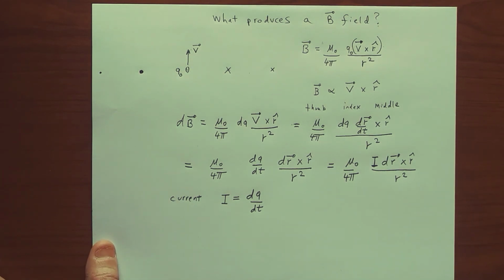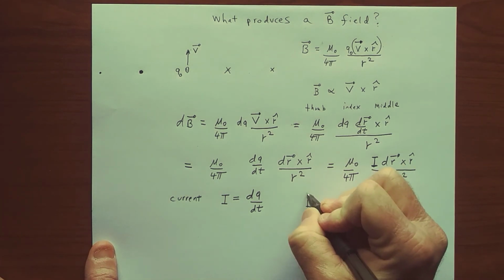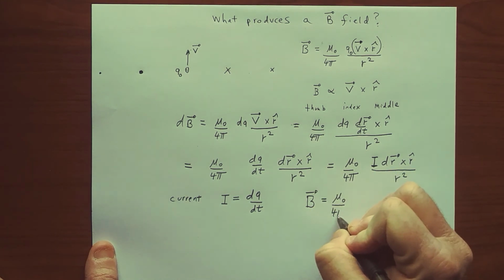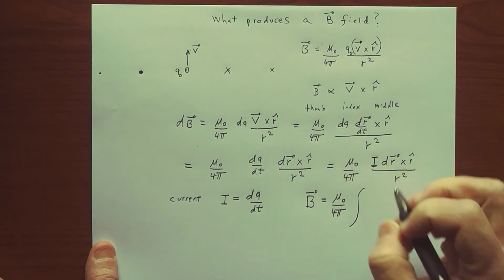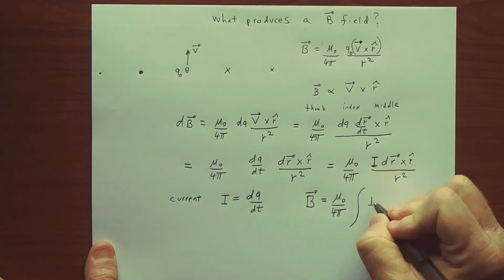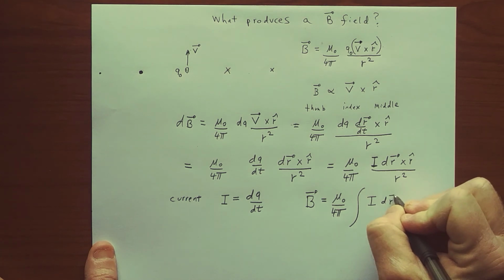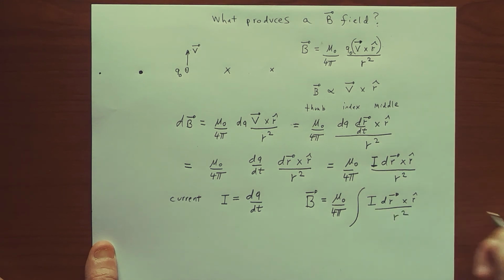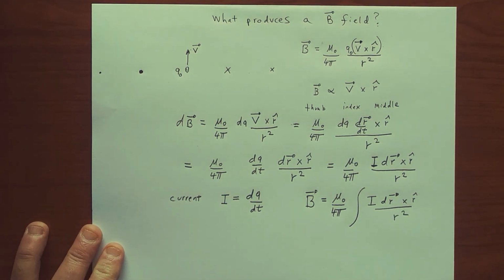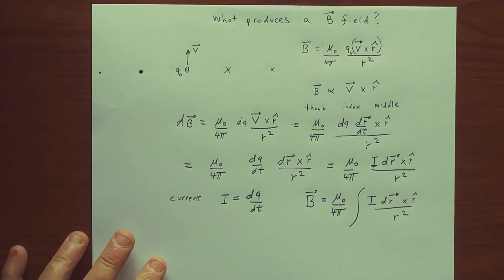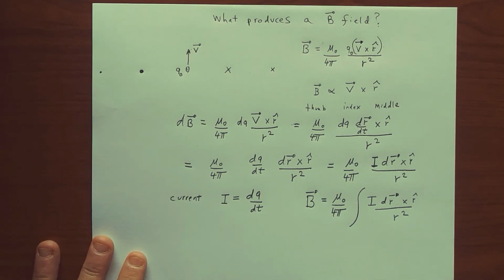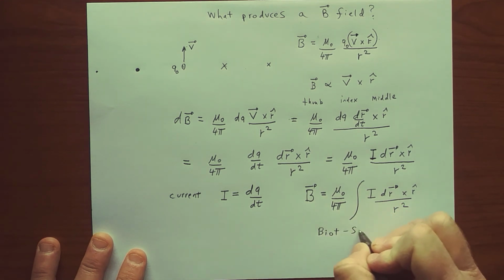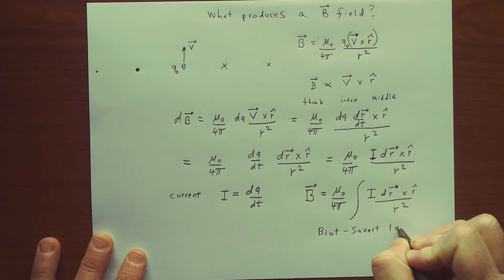Okay, and so overall this gets us to the magnetic field produced by current, where we have a constant, but we have to integrate over all of the current, like that. It's a very tricky and, in fact, complicated mathematical expression to find the magnetic field, and this is called the Biot-Savart Law.